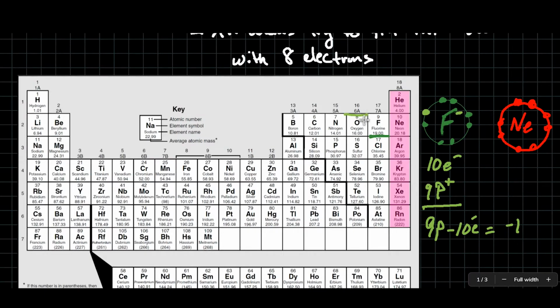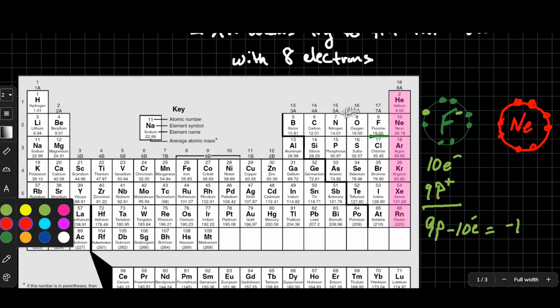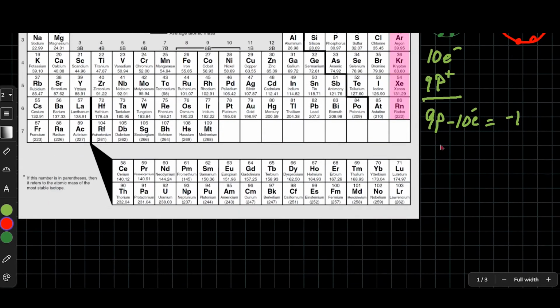What do you think oxygen would be then? Here's oxygen. Oxygen needs 2 to get to neon, right? Oxygen is going to have 8 protons, and so this is protons minus electrons. So it's 8 minus 10 equals -2.